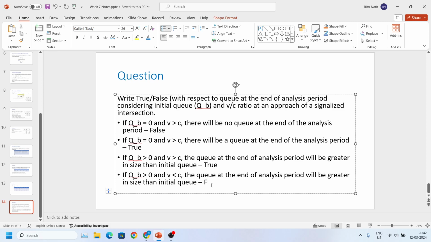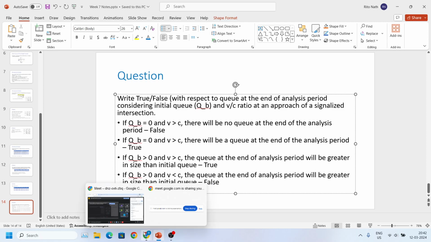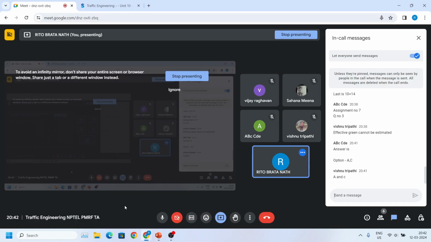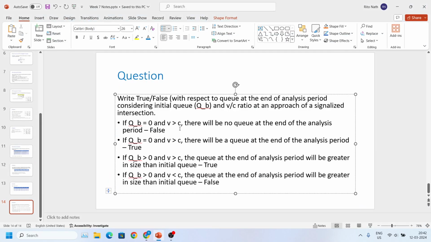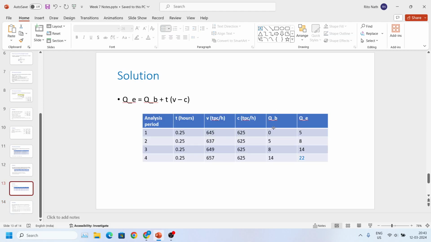Last one is false. Why A and C, right? First one is false. Second one is true. We just now had this example. This part is 0, V is greater than C. Now we have this as something which is greater than 0, right?